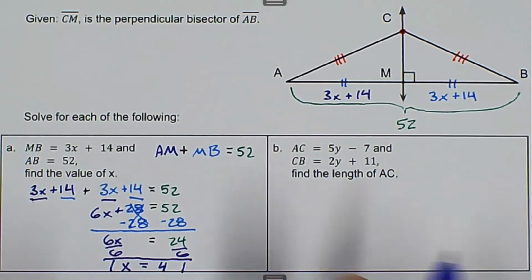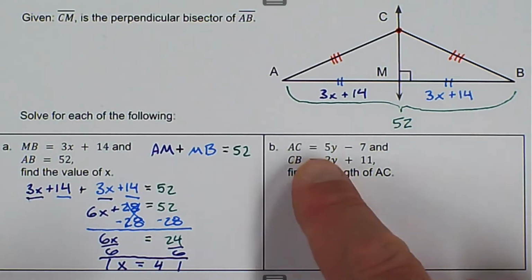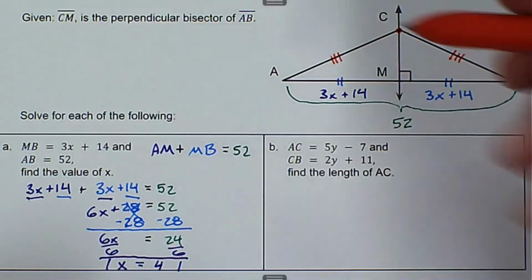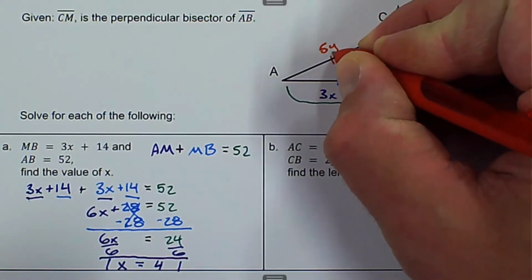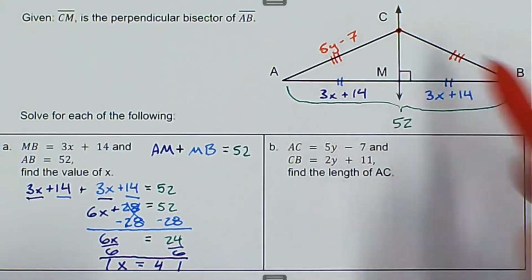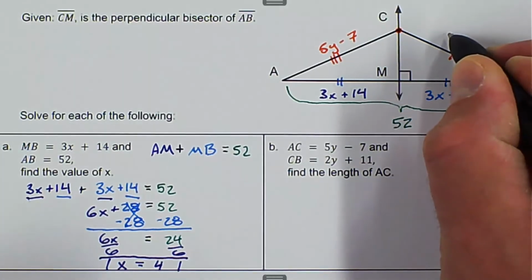Now we can look over here at example B, and we see that AC is equal to 5y minus 7. So there's AC, that's 5y minus 7. And then we have CB, which is right here, and that is equal to 2y plus 11.